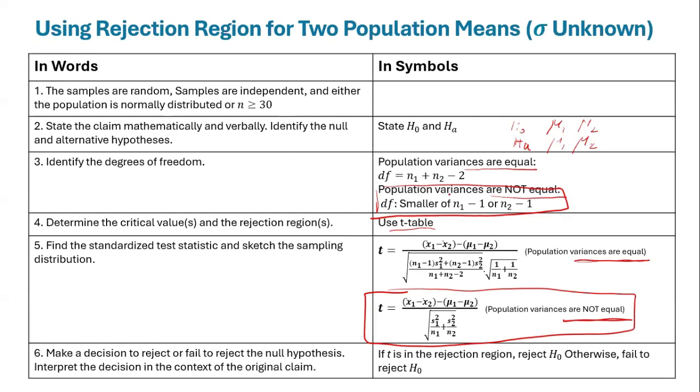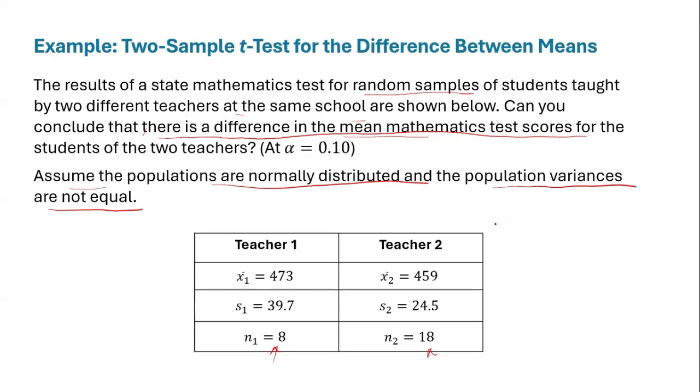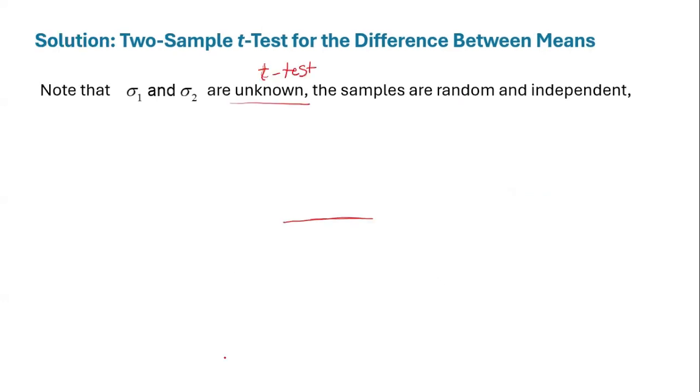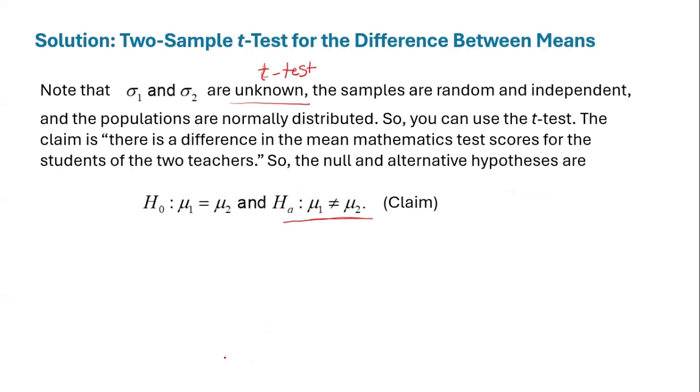Since the population variances are not equal, degrees of freedom is the smaller number of n1 minus 1 or n2 minus 1. n1 minus 1, the first sample size is 8, so 8 minus 1 is 7. 18 minus 1 is 17. Which one is smaller? This one. So this number is my degrees of freedom. So the degrees of freedom is 7, and I know that the alpha is also 10%.